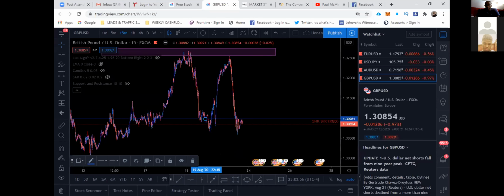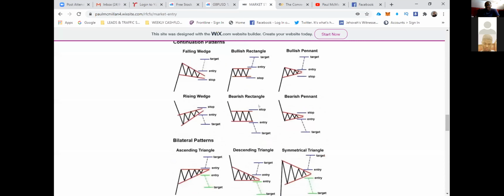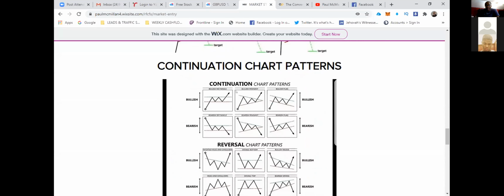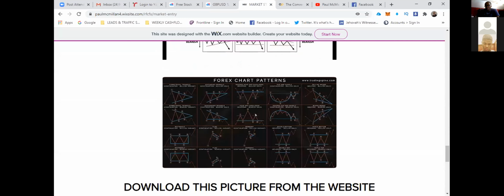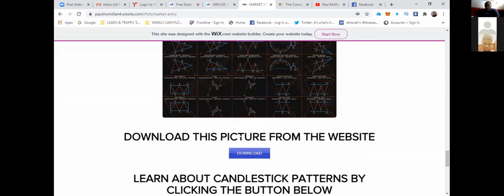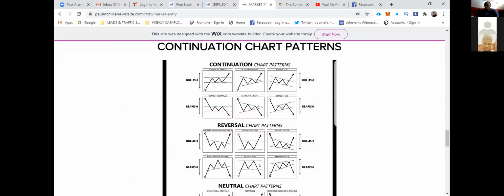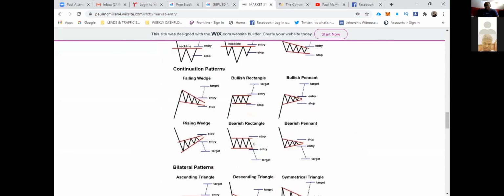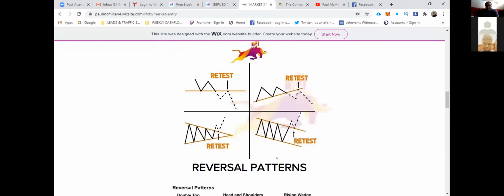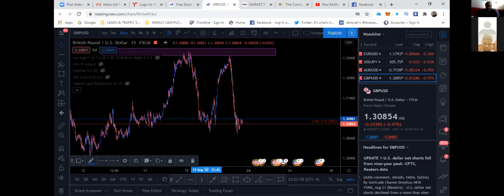So that's the reason why on the training website, I put all these patterns here, all these continuation patterns, because this is really the key to understanding where the market is going to go and is actually going to give you more confidence to hold a trade. Because sometimes most traders get scared of holding the trade because they're thinking, man, it's going into a downtrend, it's going here, but it's going up.